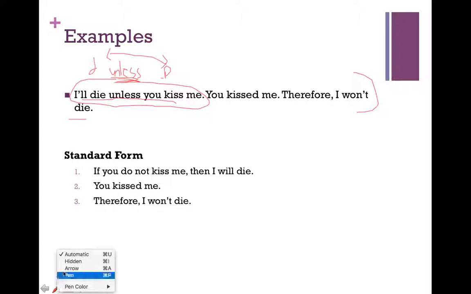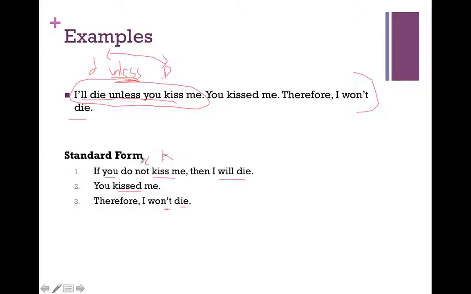Well, the first thing we have to do is figure out what our atomic propositions are. One atomic proposition is you kiss me. Notice the not here is a connective. Another one is I will die. Here we have you kiss me, and then I won't die. So we could use different letters here, but let's say we use K for kiss me.